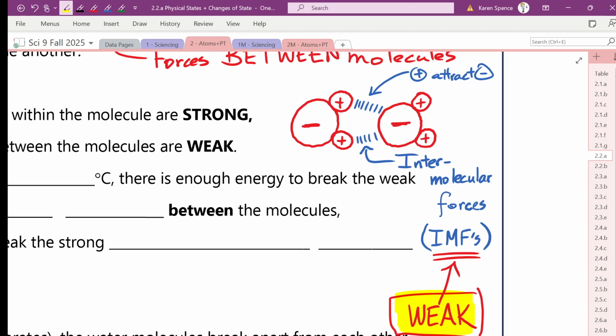But magnets stick to each other. The forces that hold the magnets to each other are like the intermolecular forces, where this is a molecule. Can I break the molecule apart? No, because those bonds are strong. Can I break the intermolecular forces? Yes, because they are weak.